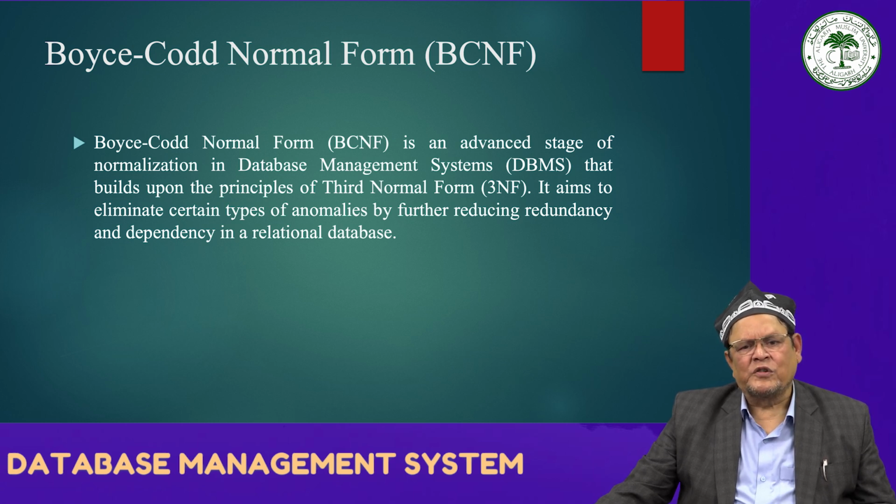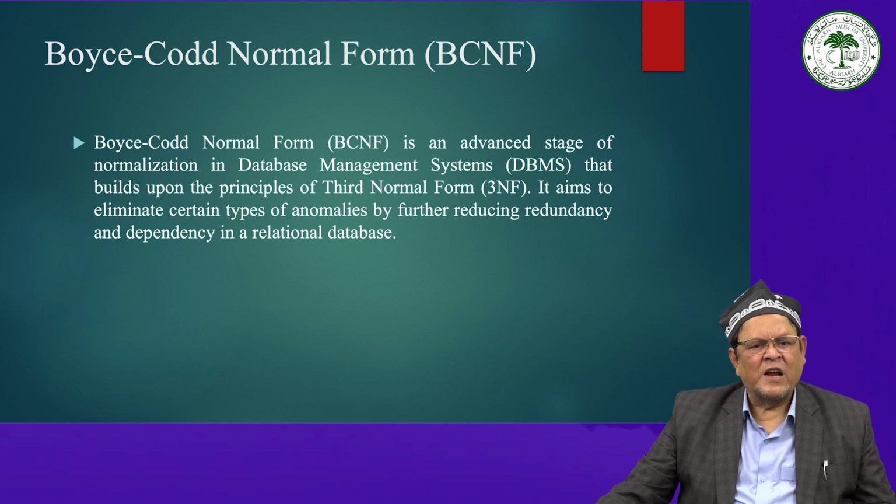BCNF may require further decomposition of a table to remove dependencies that violate the BCNF criteria. This decomposition involves splitting the table into multiple tables, each representing a distinct entity or relationship, and ensuring that each table adheres to the BCNF requirement.